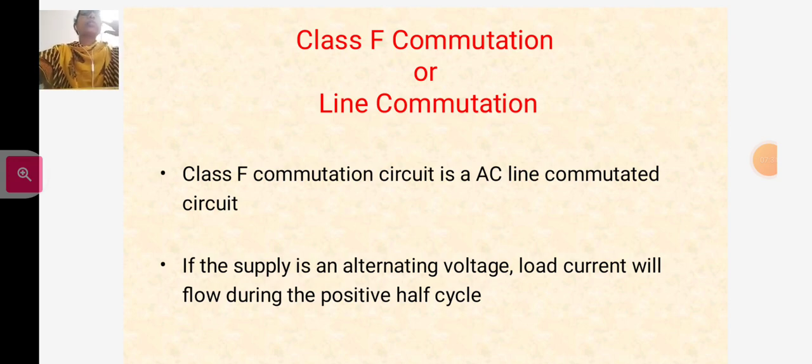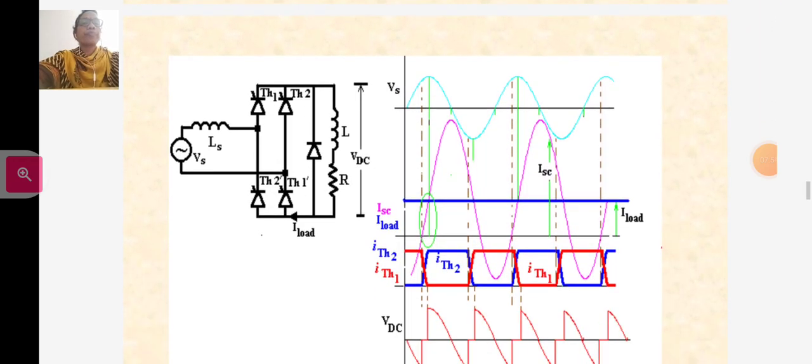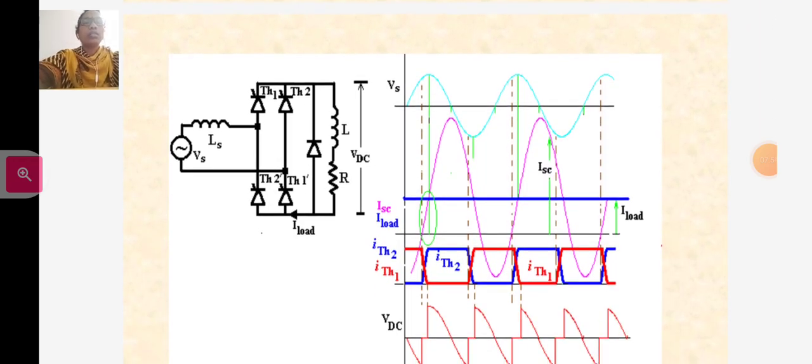In class F commutation, the circuit is an AC line commutated circuit, and if the supply is an alternating voltage, load current will flow during the positive half cycle. So this is the diagram for class F commutation.